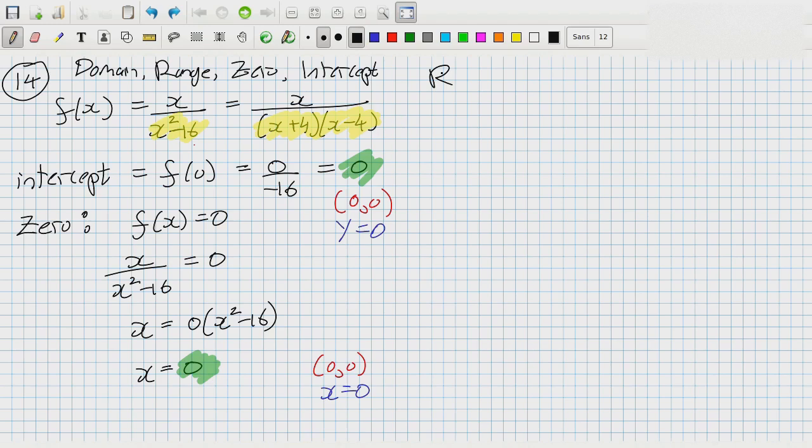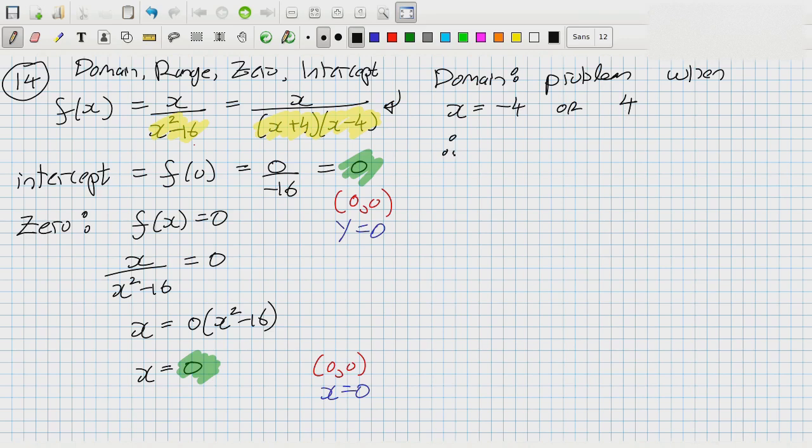No, the domain would be the easier one to do next. If you examine this function here, it can take all values of x. There's only a problem when x is equal to minus 4, because you'll divide by 0 in that case, or 4.